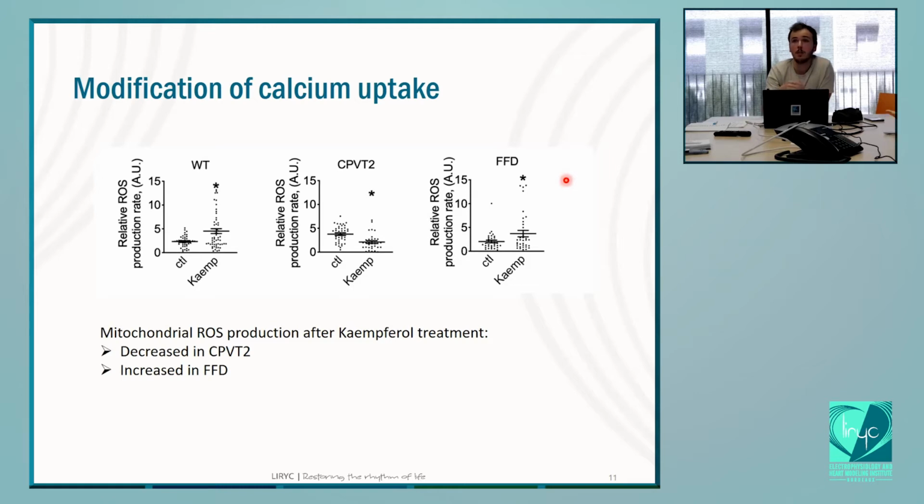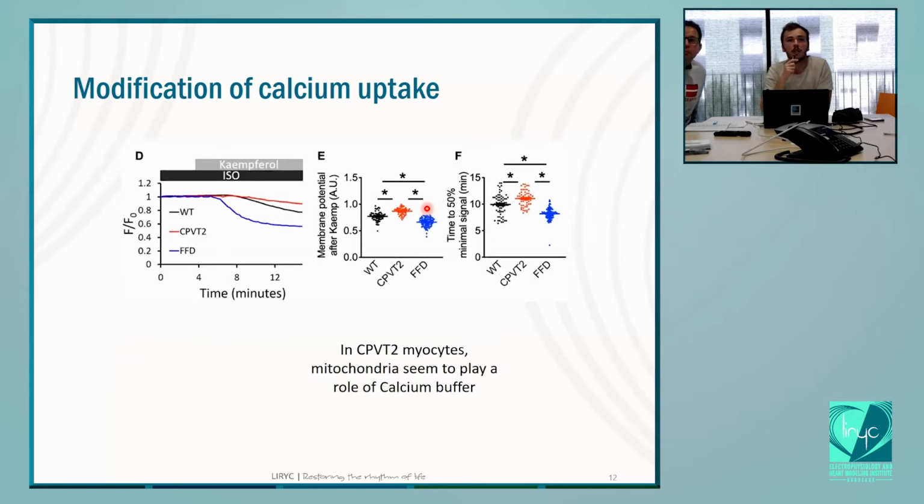So that's maybe the mechanism through which FFD mice trigger arrhythmias. And to understand why, by activating the MCU, the ROS production of CPVT2 is decreased, they look at the membrane potential.